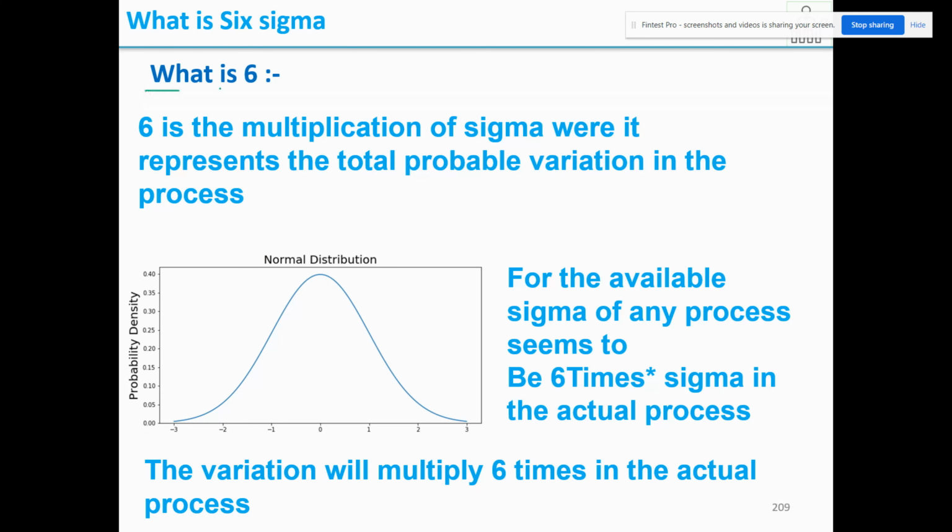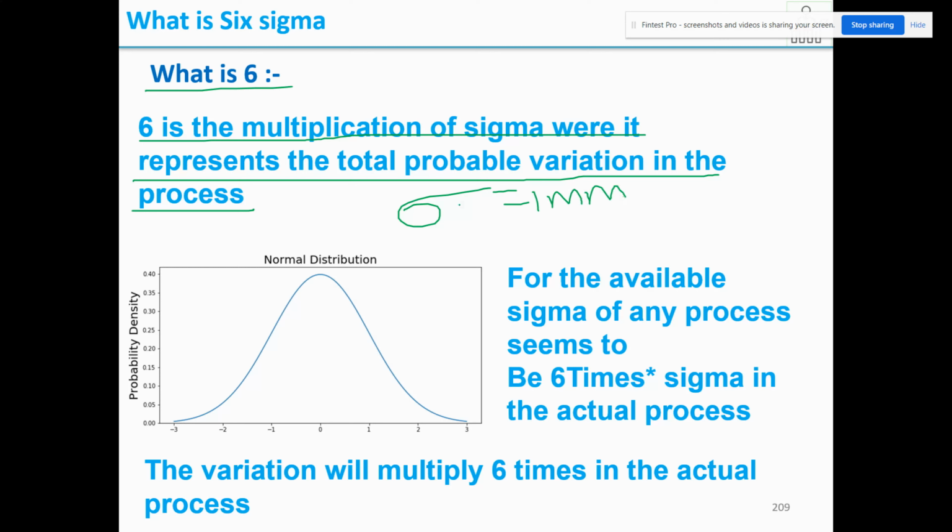So now what is 6? 6 is a multiplication of sigma, where it represents the total probable variation in the process. When you say sigma is 1 mm by checking the sample data, in reality it will not be 1 mm, it will become 6 sigma. It will multiply 6 times, so it will become 6 mm. That means in production it will become 6 mm, it is telling.